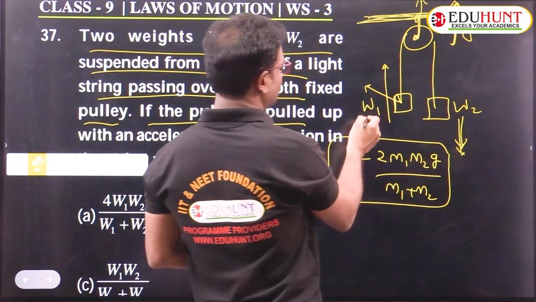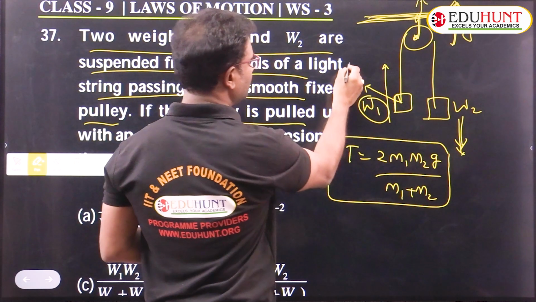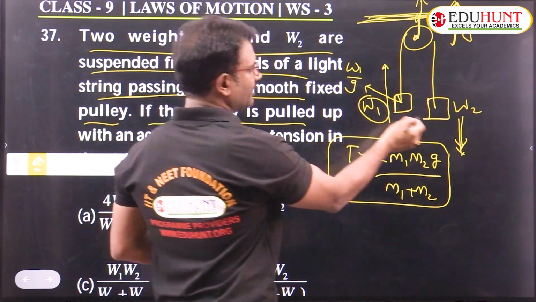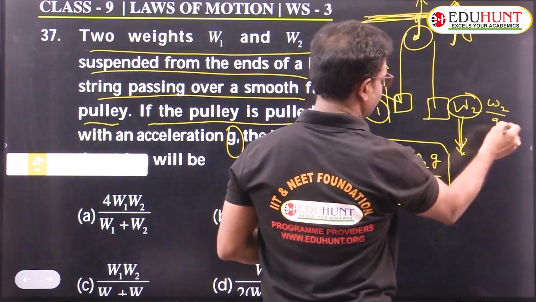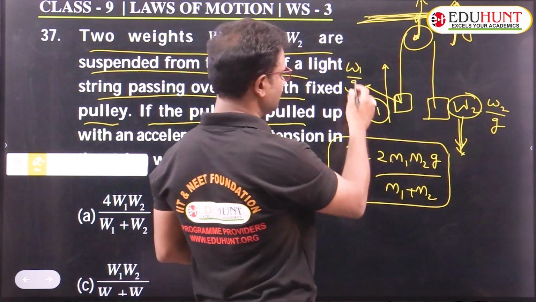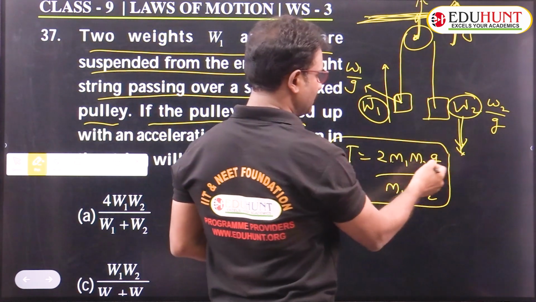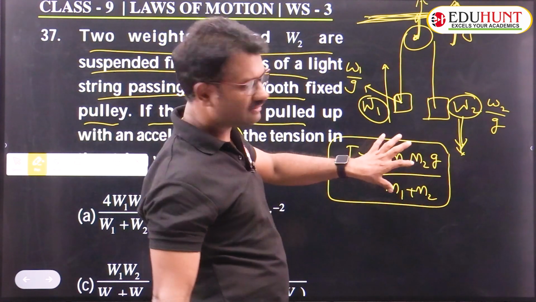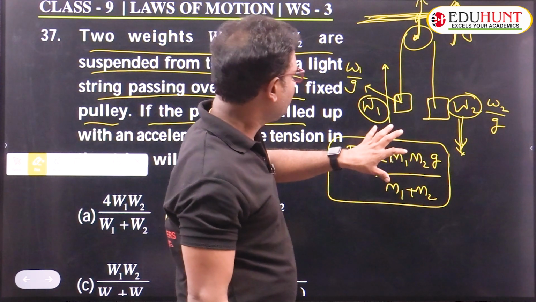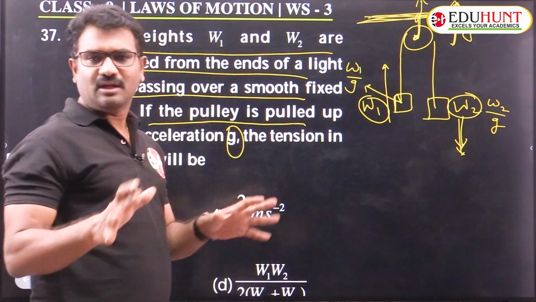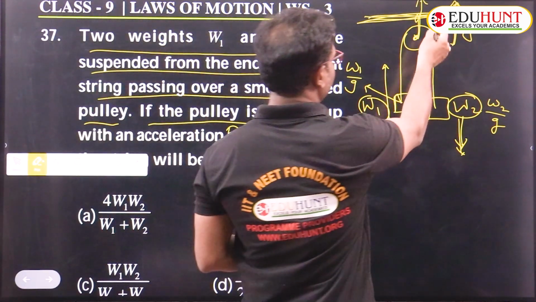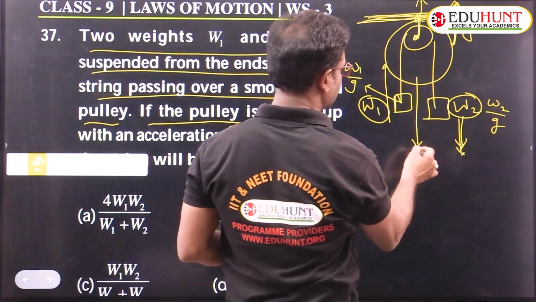What is its mass? Its weight is w1, but its mass is w1 by g. Its weight is w2, means its mass is w2 by g. So instead of m1, m2, you can substitute w1 by g, w2 by g here. But this is the formula when they are at rest, and as it is moving, I am not going to take this formula. So as a whole, if I take the system, g acts in the downward direction.